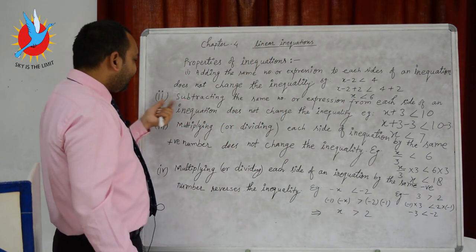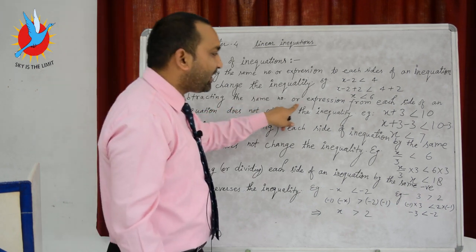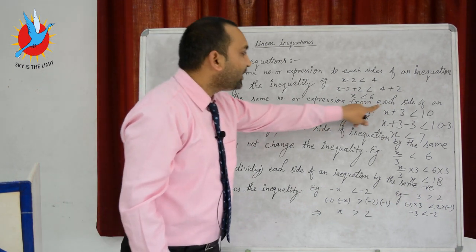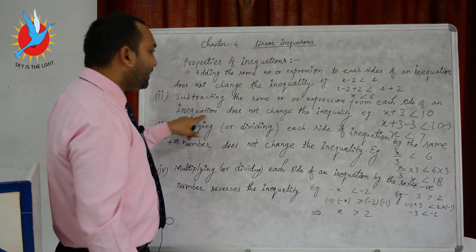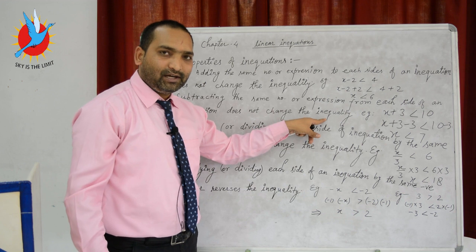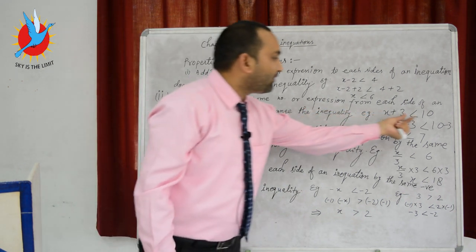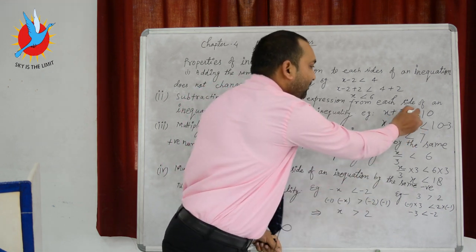Similarly, the second property is subtracting the same number or expression from each side of an inequation does not change the inequality. It means in the case of subtraction, the inequality remains the same.